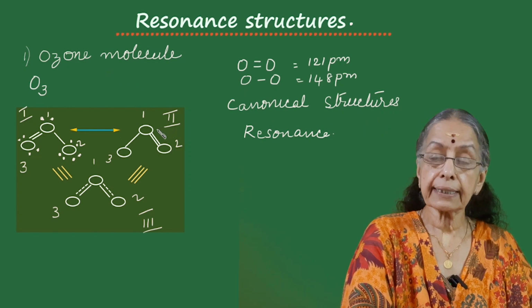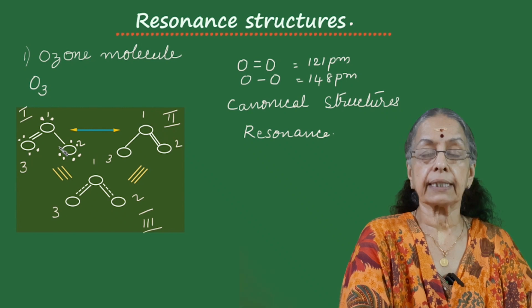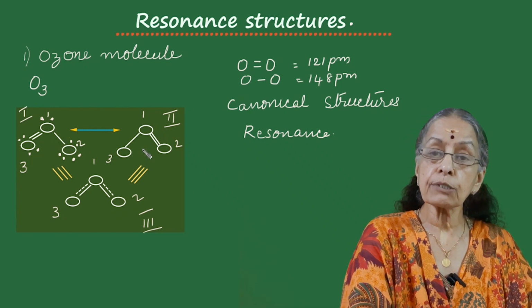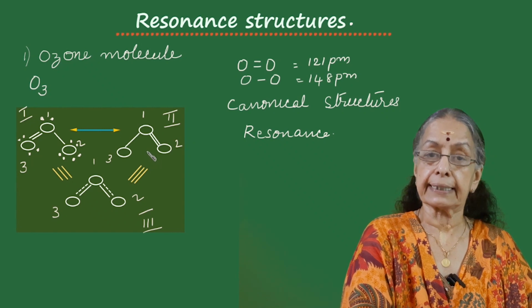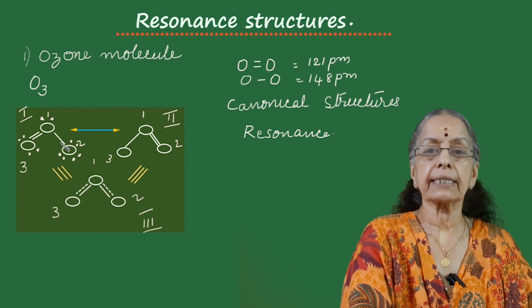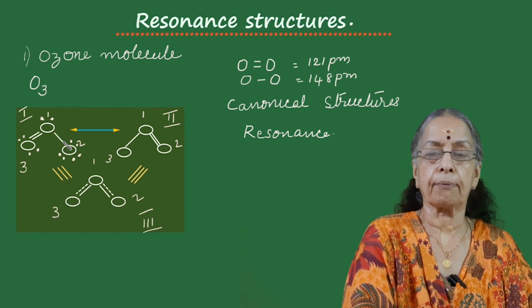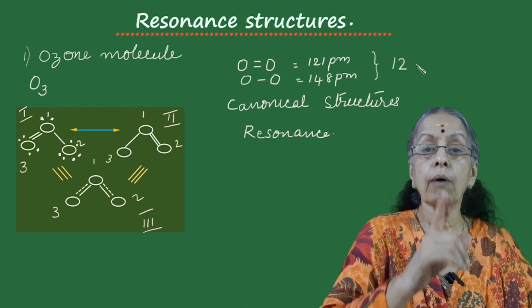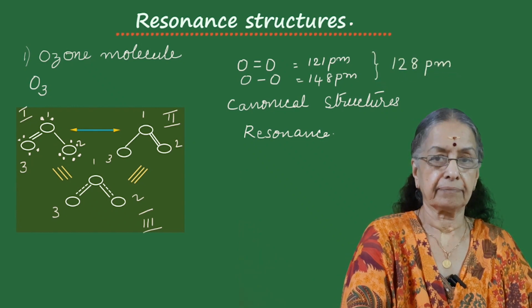Okay, so theoretically the bond lengths for the double bond and single bond are found to be different. But when these bond lengths were experimentally determined, the two bond lengths were the same. That is, the double bond as well as the single bond had the same bond length, equal to 128 picometer.